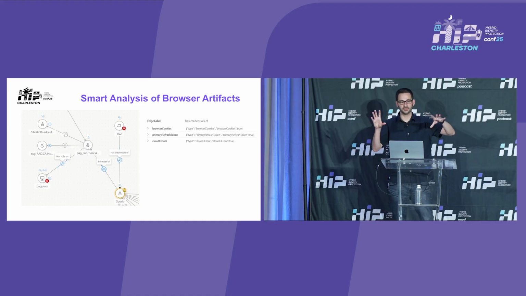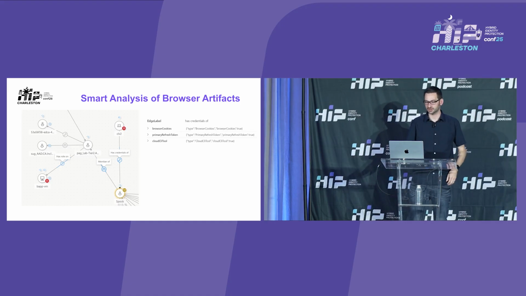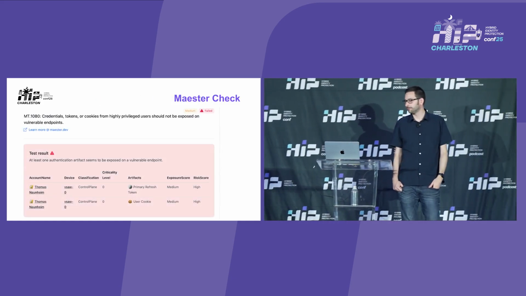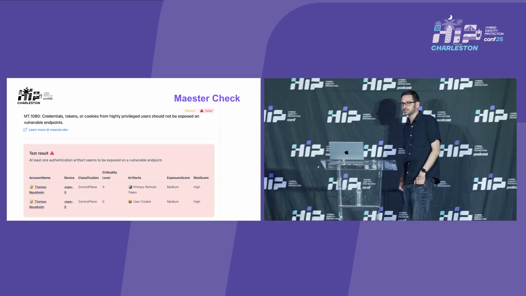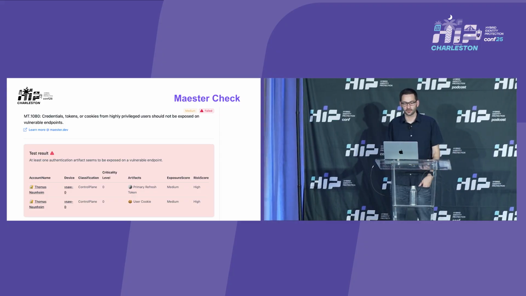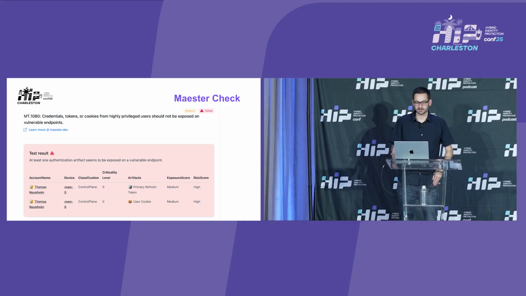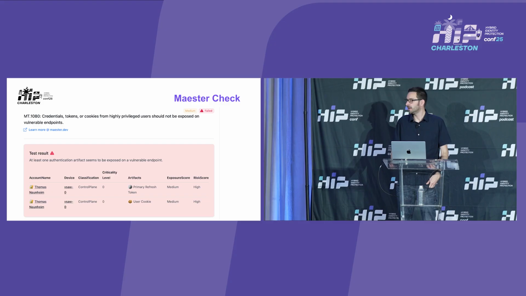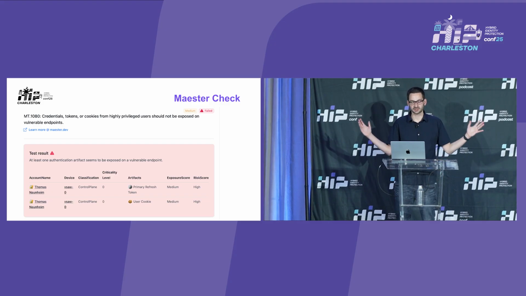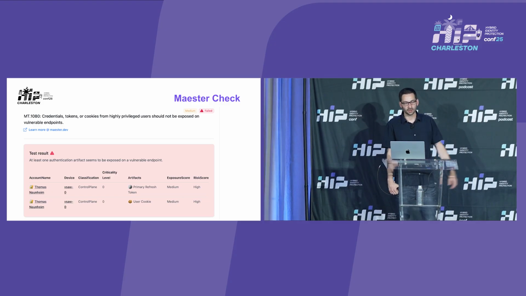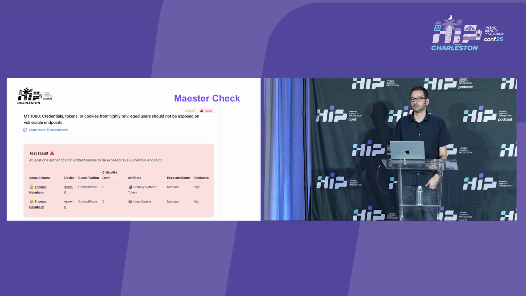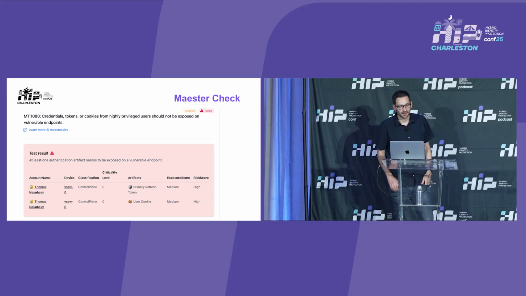So we have a combined view between attack path and a user cookie. And last but not least, I have also written a master check for that. If you're looking for your high privileged admins and would like to figure out if primary refresh tokens and user cookies are available on devices with a high risk score, you can find it quite easily by using Master.